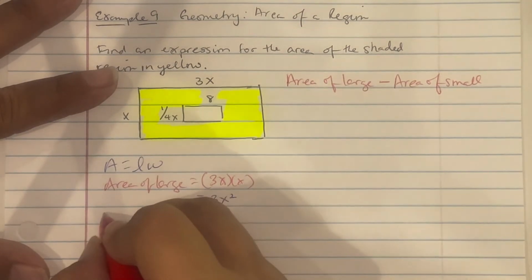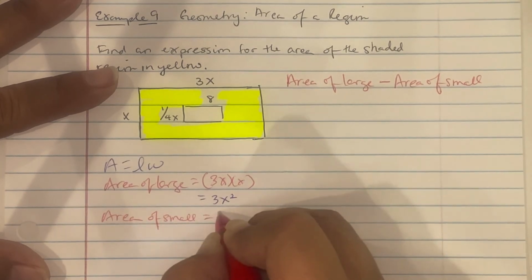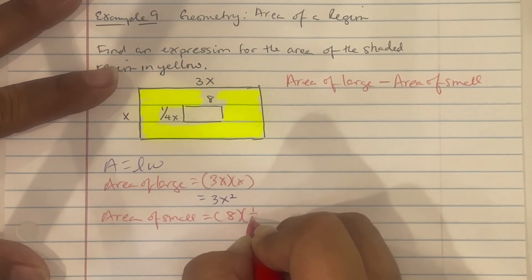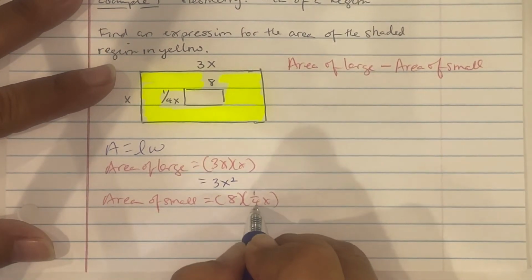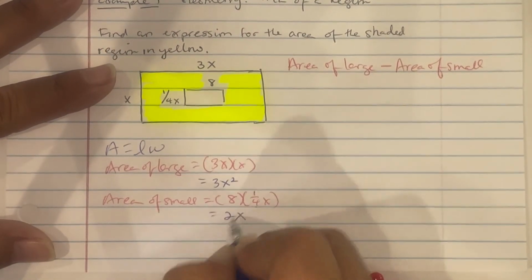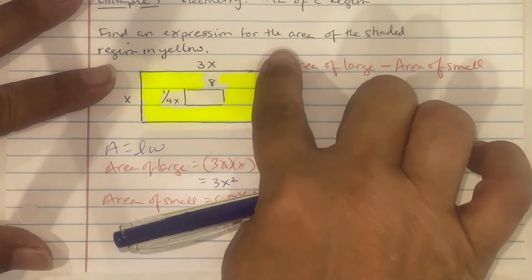The area of the small is going to be 8 times 1/4 x, which becomes 8 times 1 is 8, divided by 4 is 2, 2x.